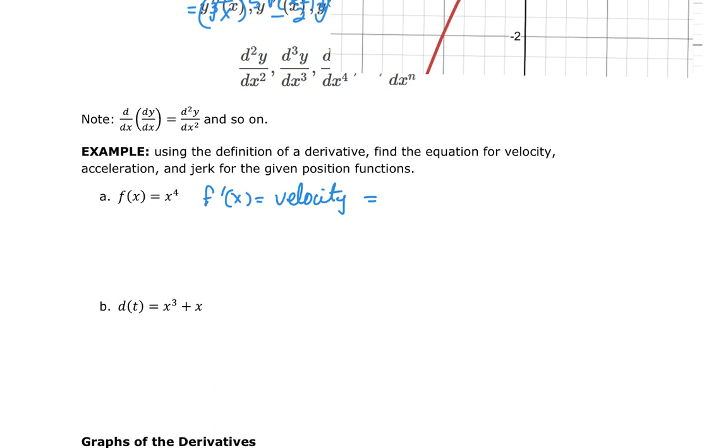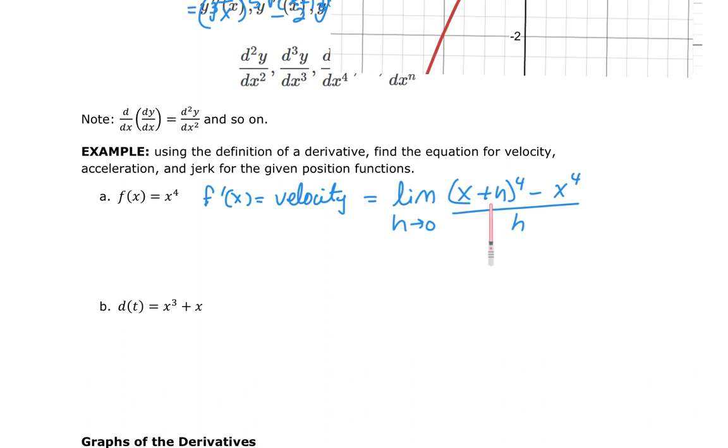And this is going to be equal to the limit as h approaches 0 of x plus h raised to the fourth power minus f of x, which is just x to the fourth power, divided by h. And we'd go through this process.